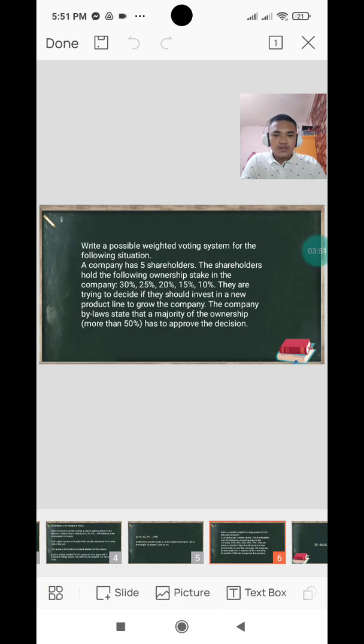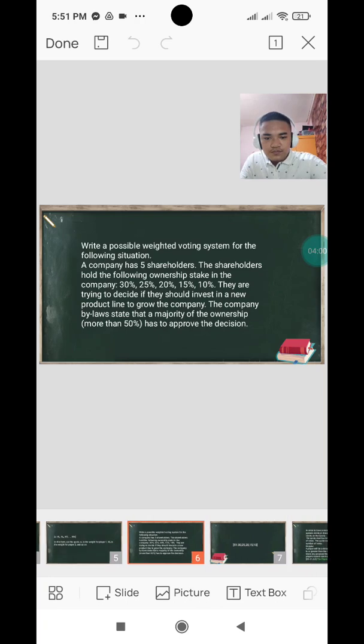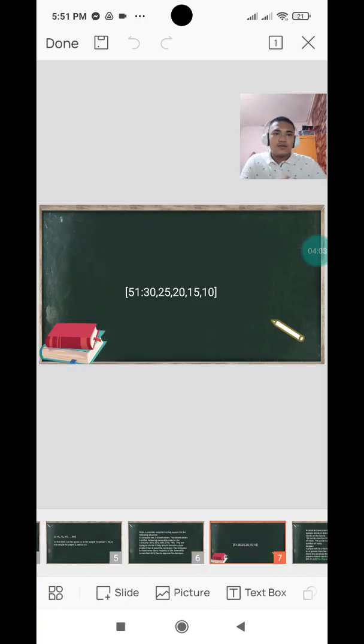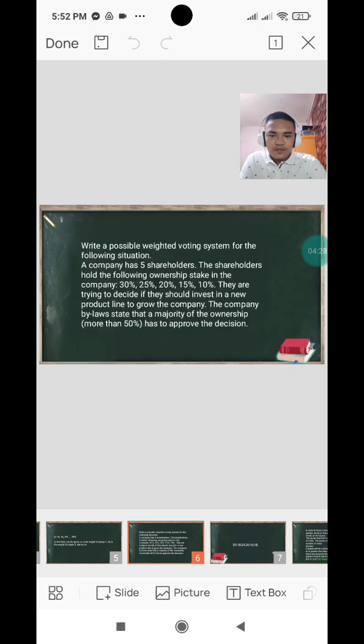The company bylaws state that a majority of the ownership, more than 50%, has to approve the decision. So we have the example here: 51, 30, 25, 20, 15, 10. These 5 numbers are from here: a company has 5 shareholders, so those are the 5 numbers.